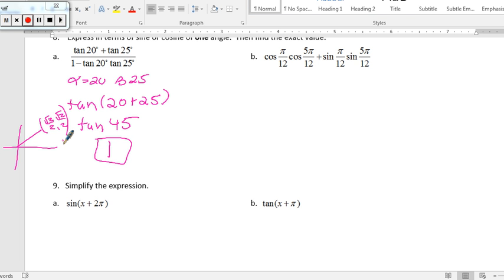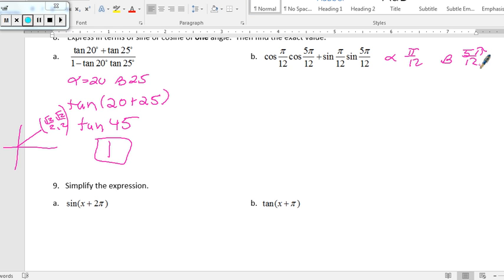Looking at part B here, I notice this to be the cosine difference formula. So the alpha here is pi over 12, the beta is 5 pi over 12.